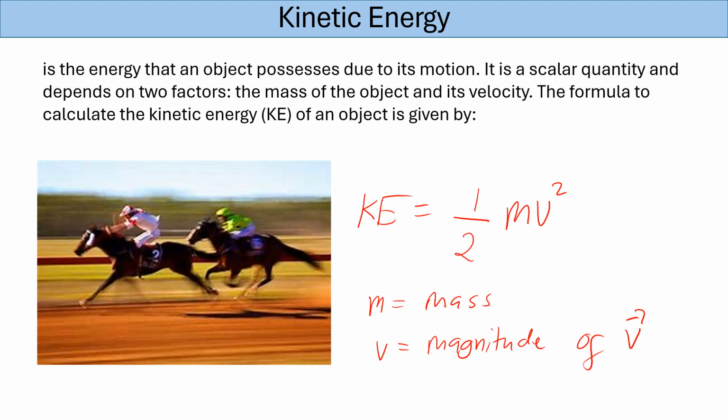Okay, so we have an example here. Calculate the kinetic energy of a student walking at 0.15 meters per second with a mass of 60 kilograms. So you're just going to use the formula KE is equal to 1 half mv squared.